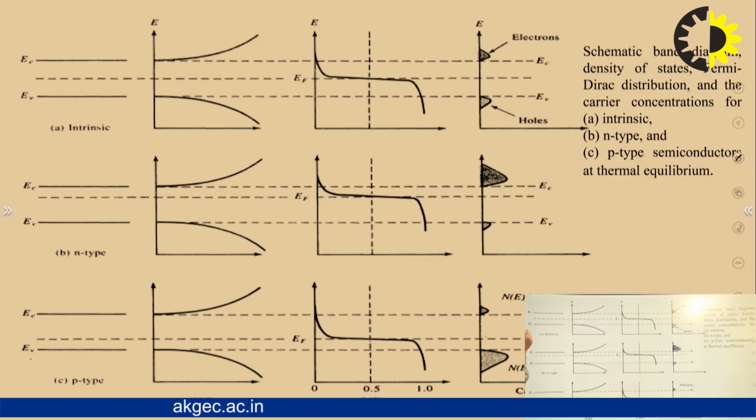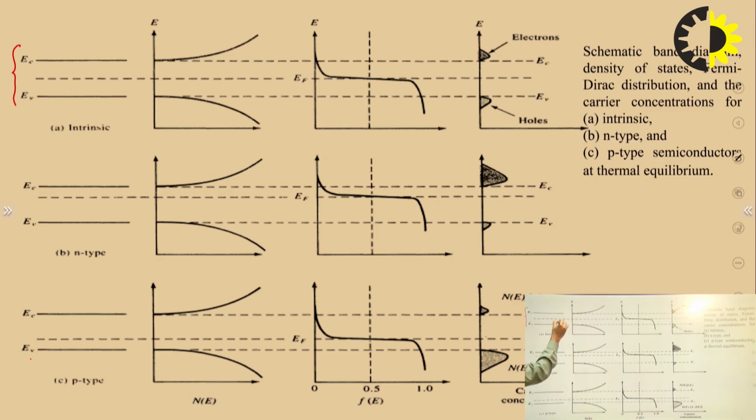So you can observe here, for the intrinsic semiconductor, the Fermi level lies exactly in the middle of EC and EV, right? Exactly the midpoint, or we can say in the middle of the forbidden gap. In the case of N-type, you can clearly observe the Fermi level is just below the conduction band, while in the case of P-type semiconductor, the Fermi level lies just above the valence band, right?